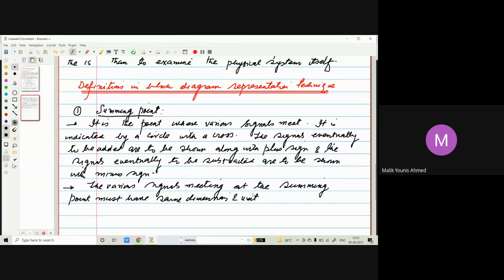That's very clear. If we are talking about something in liters, then it should be in liters. Liters and kgs should not mix together. If we are talking about meters and dimensions, something. So units and dimensions have to be the same in the different control systems. Then only this type of system will work. Otherwise, it cannot work.